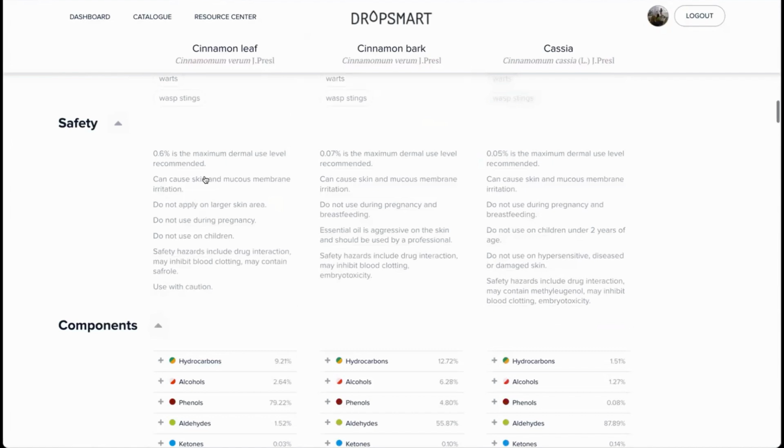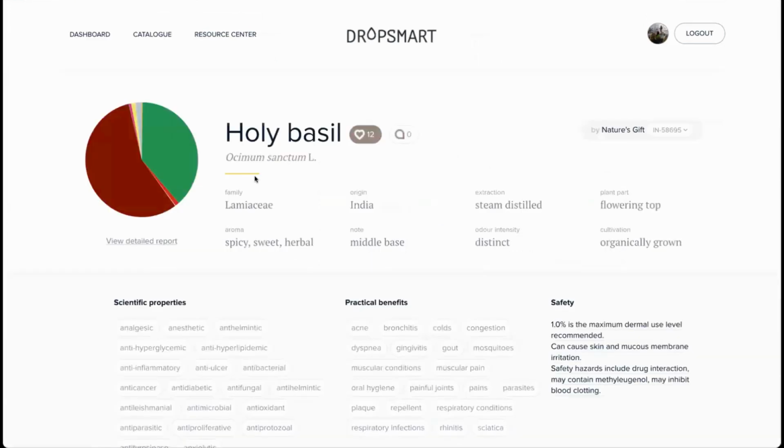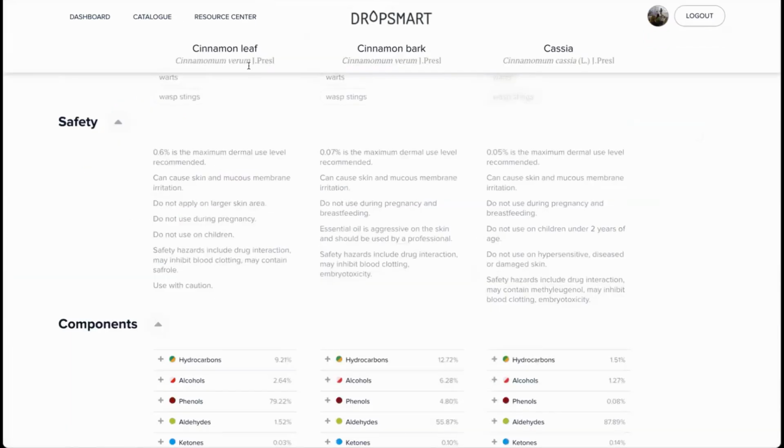So here I want to quickly show you the safety. Okay. As I said, I'm really concerned why more aromatherapists are not talking about aldehydes, because with phenols, although they are important to look at, 0.6% is the maximum dermal use recommended.